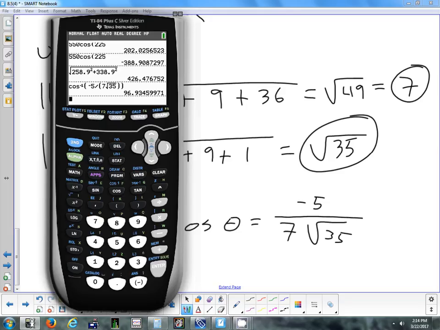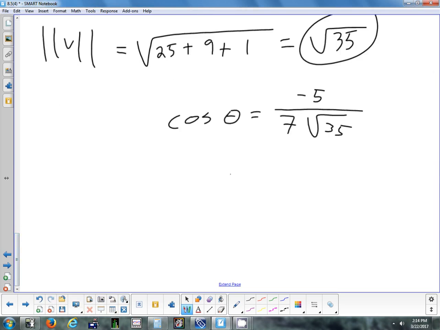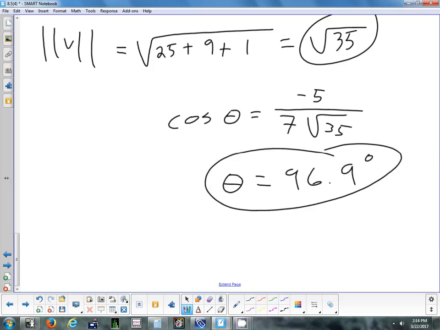So the angle between these two vectors is about 96.9 degrees. Any questions up to that point? Everything we just did in 3D was a good review for all the 2D stuff as well.